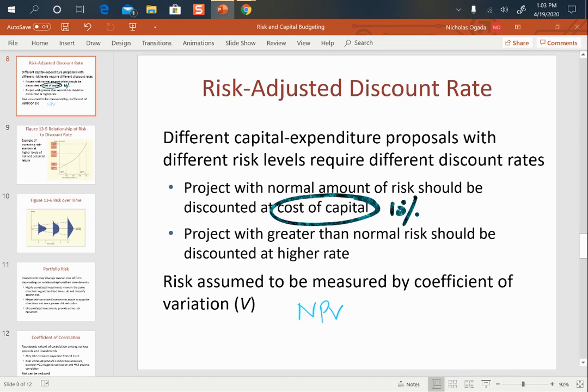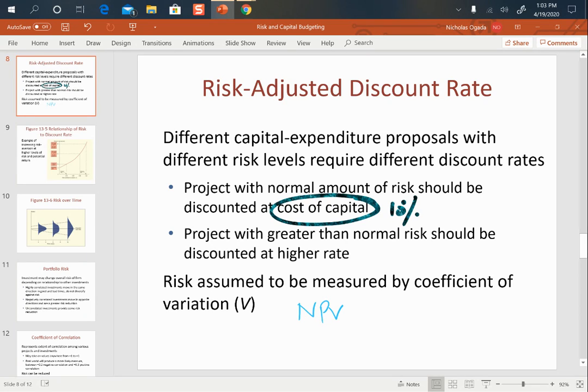The reason we did so is that we were assuming the risk level in each project is the same. And because the risk level is the same, we end up using one discount rate to discount the cash flows.